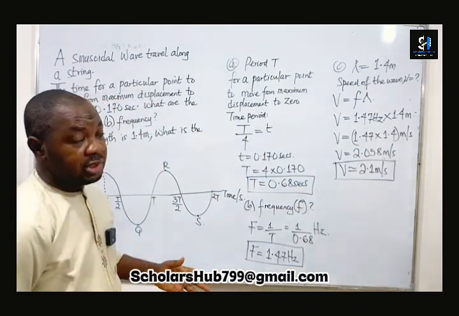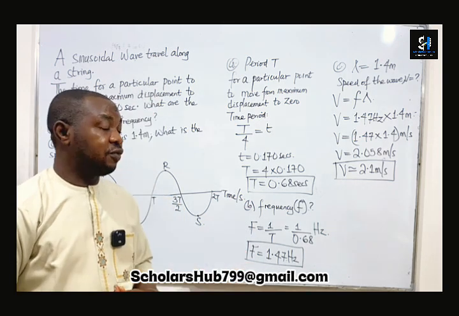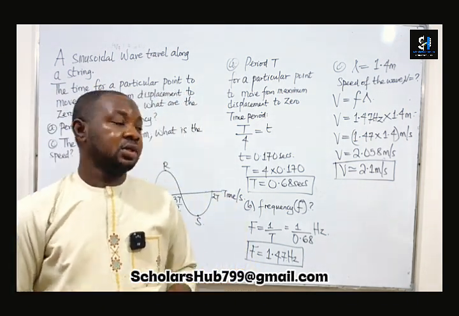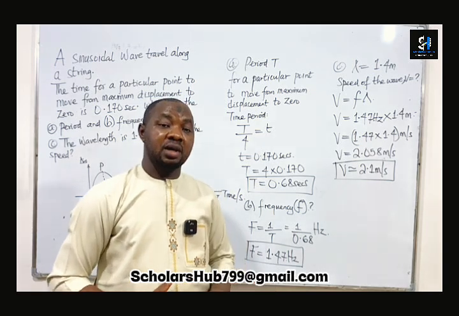So the speed of the wave when the wavelength is 1.4 meters is 2.1 meters per second.